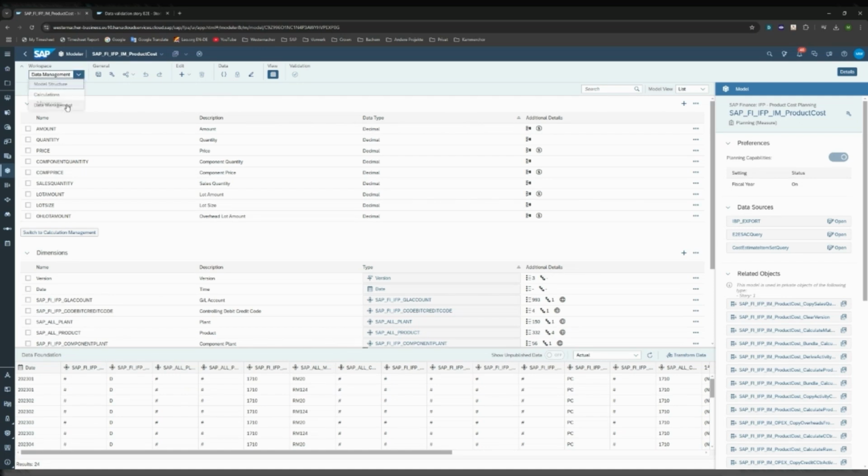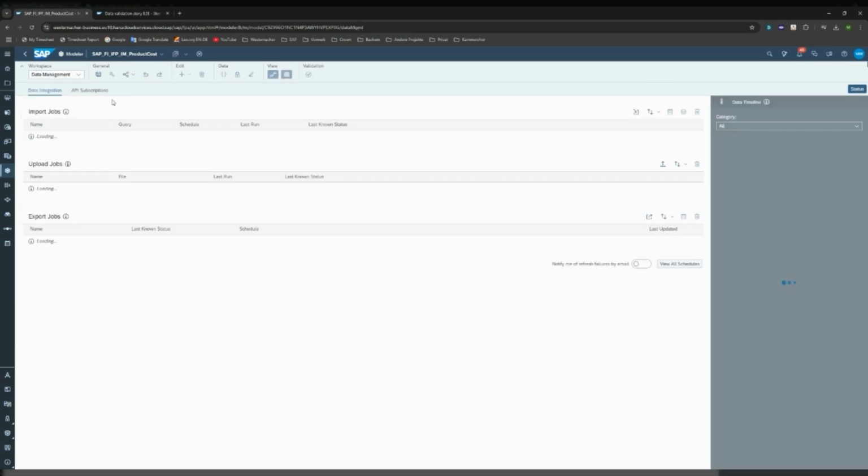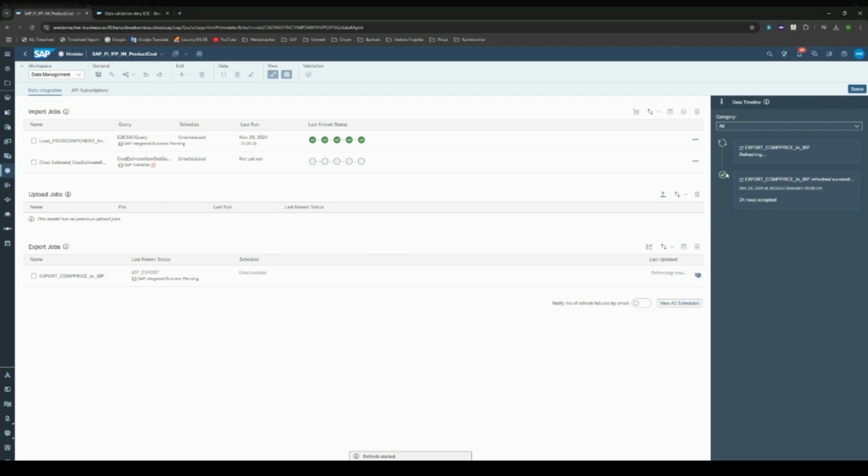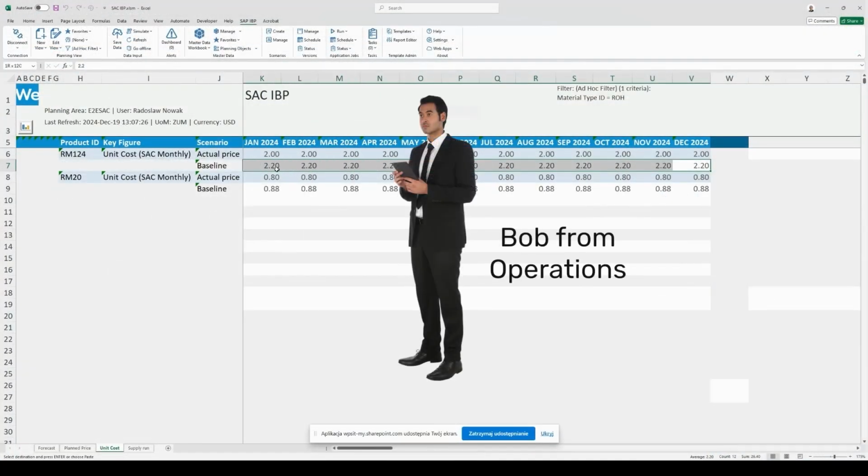Again, the Analytics Cloud has the ability to extract and load data between systems, and here we're doing a push into IBP. So our export job for these new material costs is now being made between the appropriate planning model in SAC and the appropriate planning area in IBP.